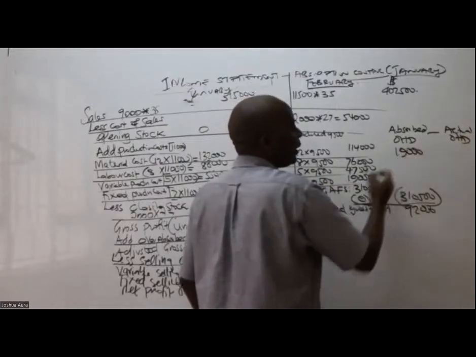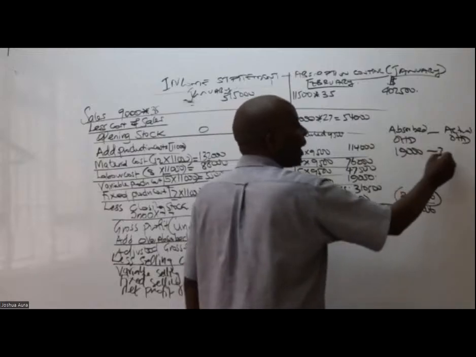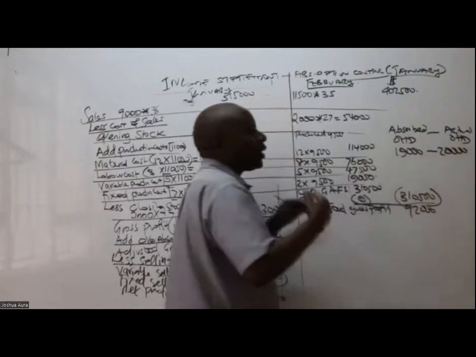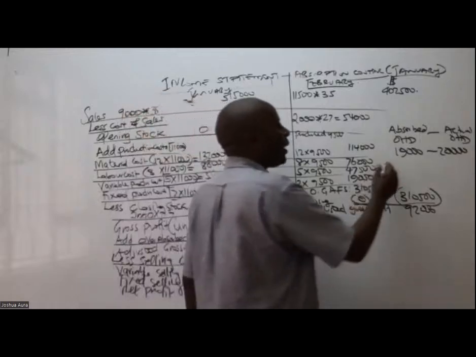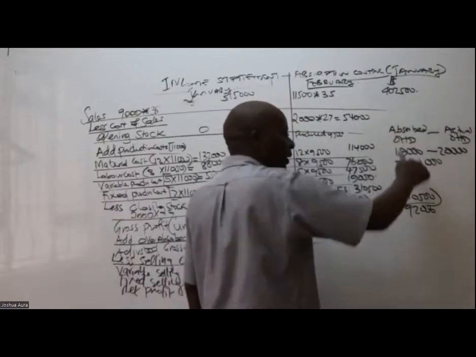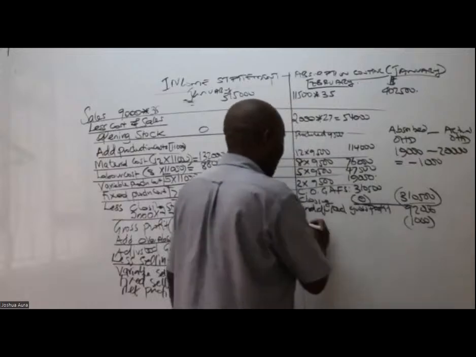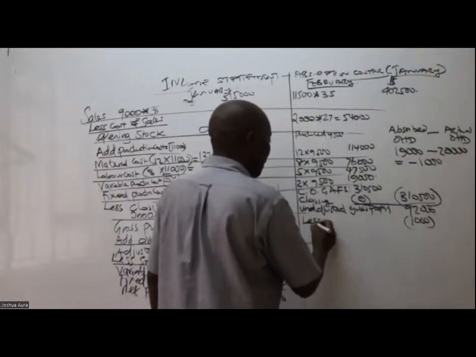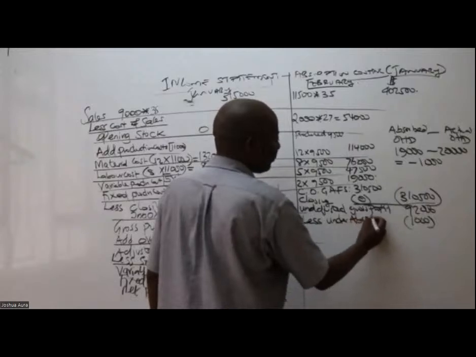The absorption is 19,000. Remember, it's fixed overhead alone, isn't it? Minus our actual, which still stands at 20,000. Actual doesn't keep on fluctuating. So that gives me automatically minus 1,000. If I get a minus and I follow this pattern, I need to subtract that 1,000 here. So you'll say here, less, under absorbed. When it's negative, we call it under absorbed.